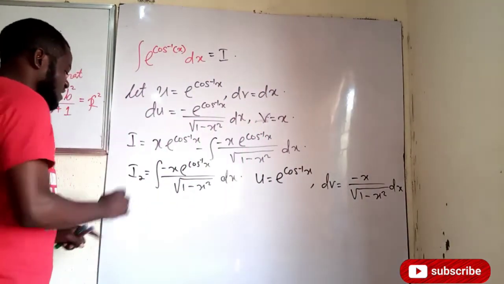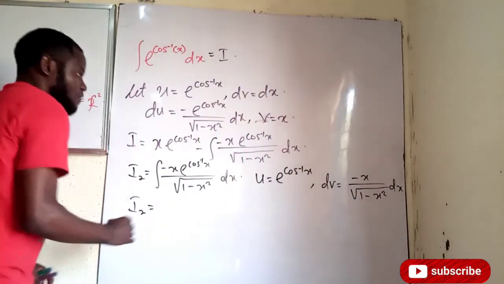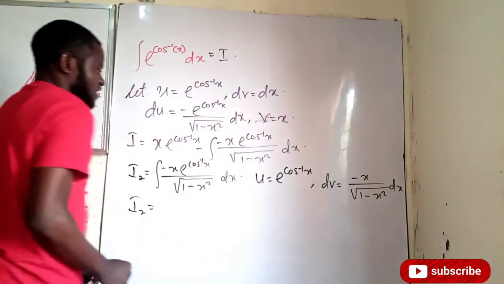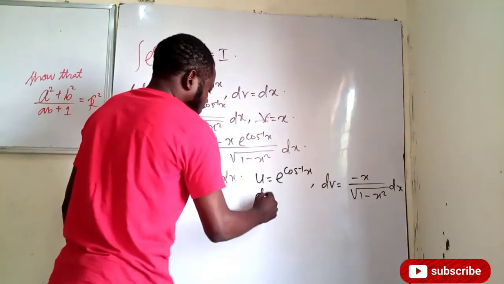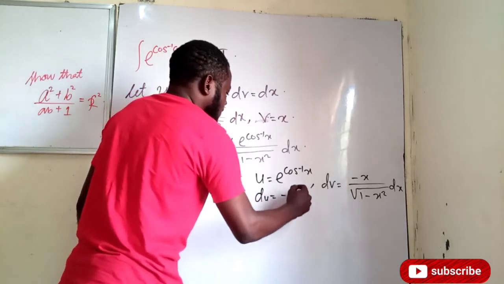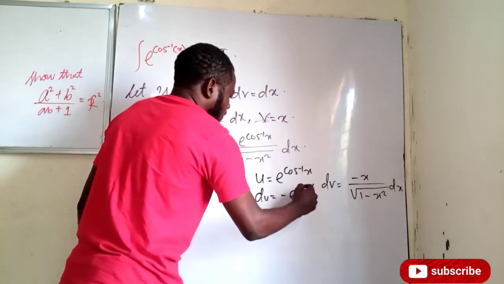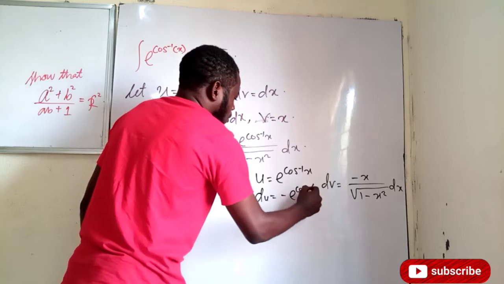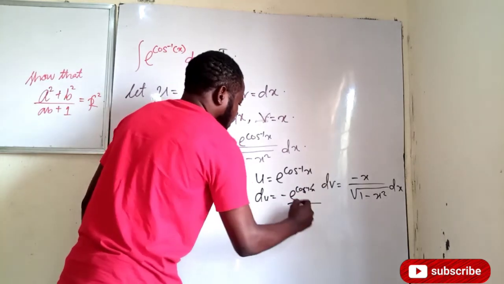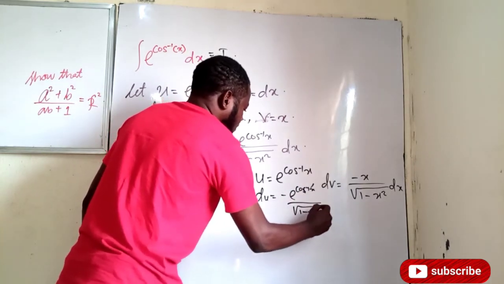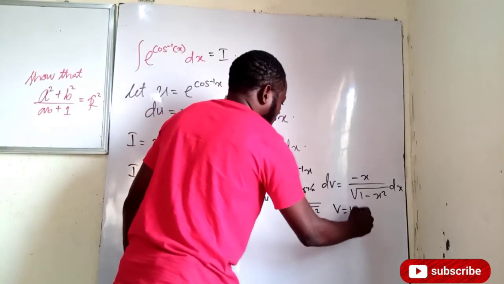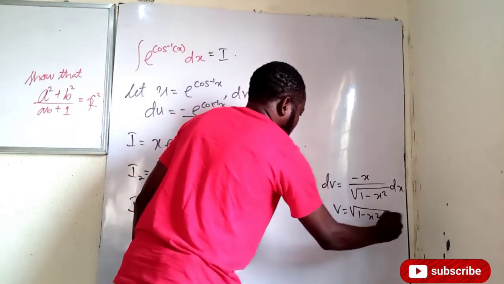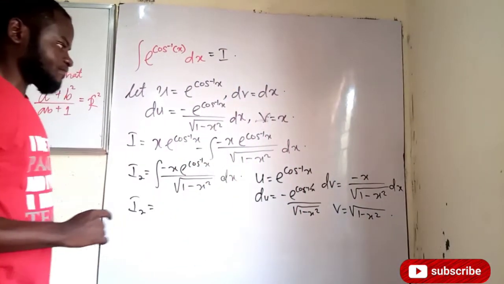Okay, if that should be the case, I2 will become this. If I differentiate it, I'm going to have du equal negative e to the power of arc cos of x divided by the square root of 1 minus x squared. And when I integrate dv, I'm going to have the square root of 1 minus x squared, like that.